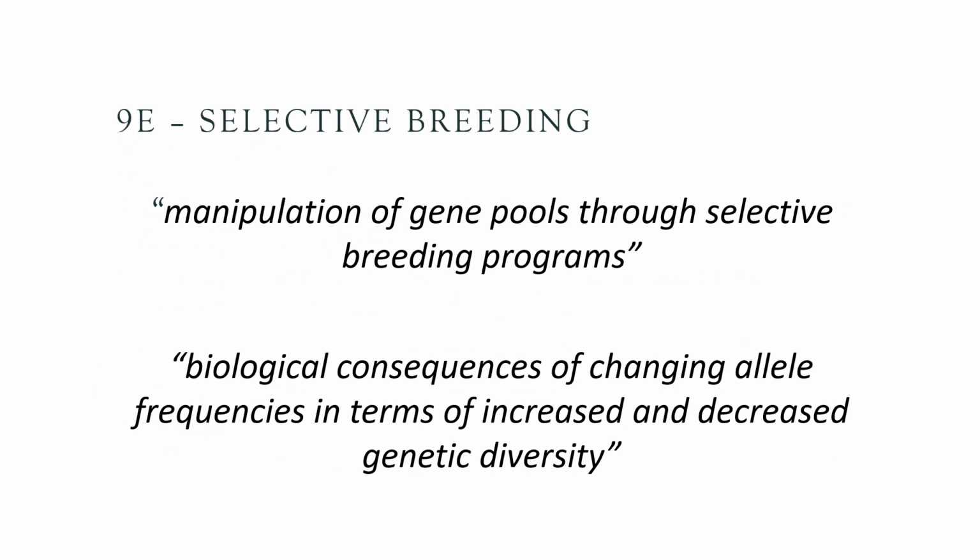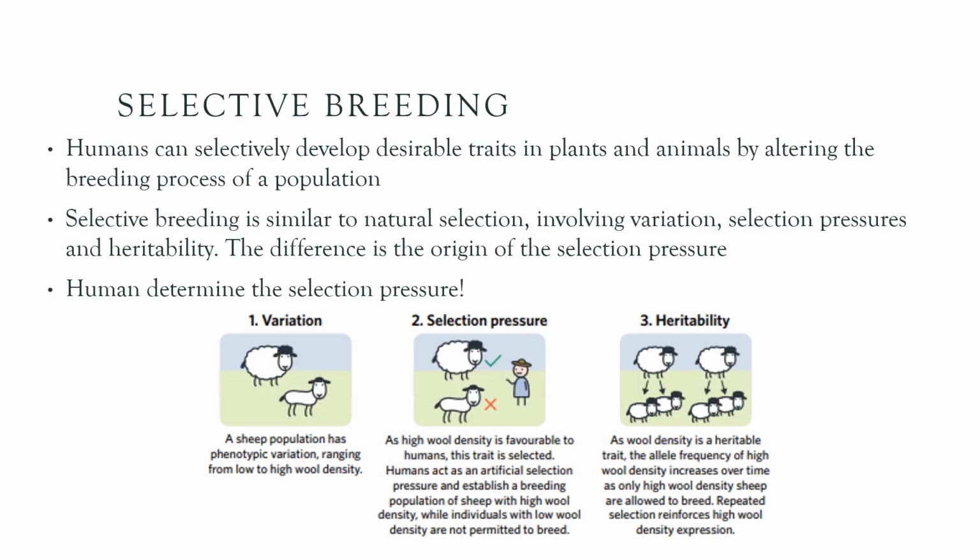We're also going to talk about selective breeding in this video because this again is a change of allelic frequencies. The only difference is that it's not happening naturally, it's happening due to human intervention. So selective breeding is when humans can decide what traits they think are desirable in plants and animals, for instance, and those desirable traits we can manipulate into the population through breeding processes.